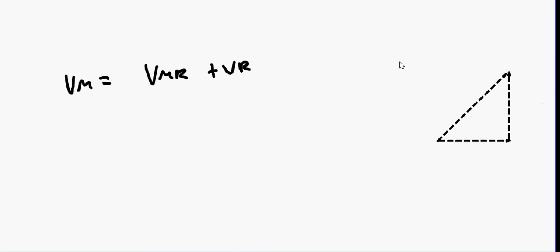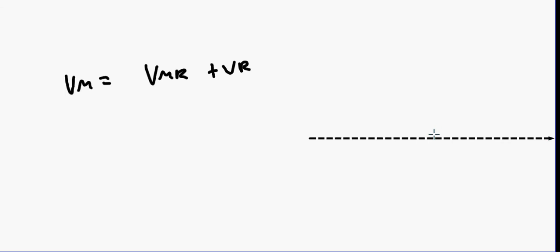So, come on, there's your river. Okay, and what you did was you just completed the triangle. When you attempt to go to the left, which one of them is it? It's VMR.